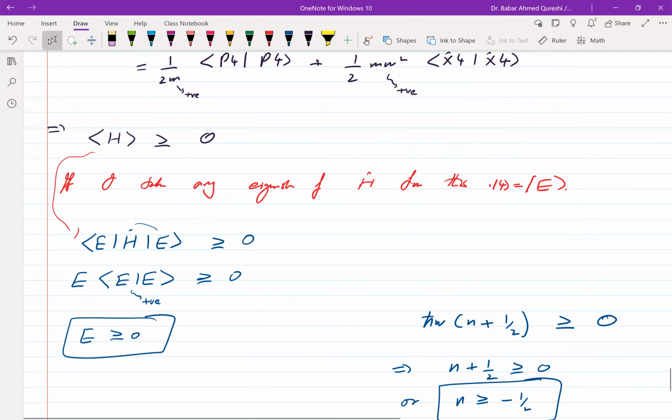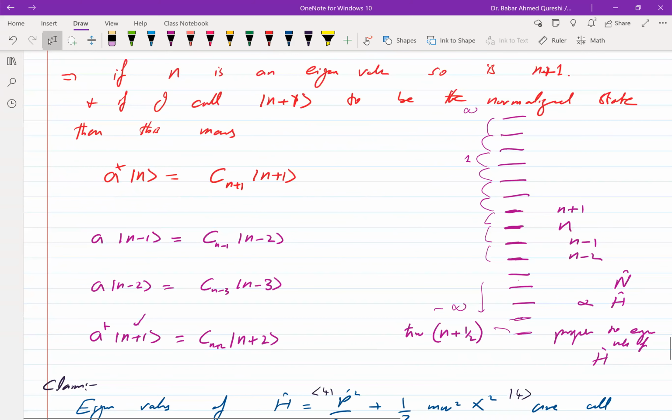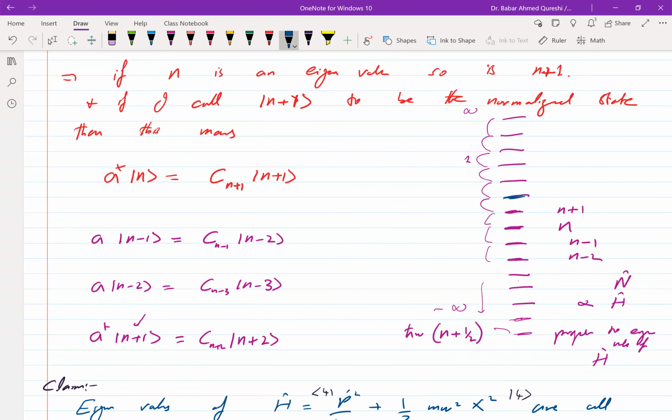I just concluded that if I start with any eigenstate, I can start applying A and keep going down. By the way, that's why they are given a very specific name, because A brings you to a lower eigenvalue. A is called the lowering operator.